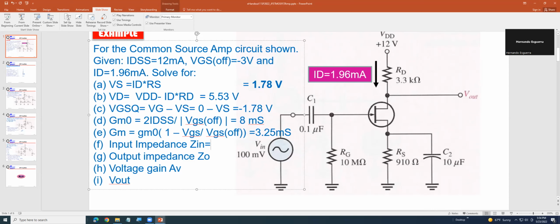Exactly, 10 megaohm. Output impedance, it's 3.3 kilohm. What do you get? 3.3 kilohm. 3.3, right? Perfect.